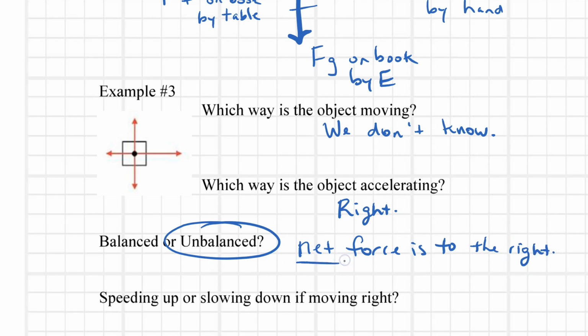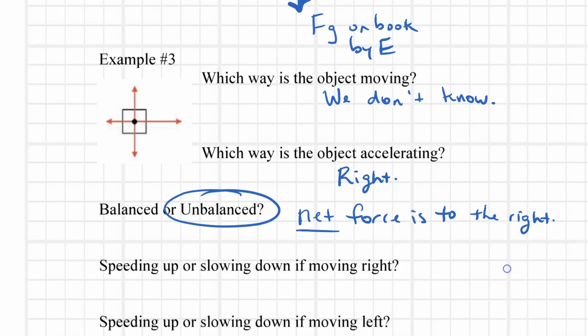The word net just means the result of adding things together. So when I add these two together, they cancel out. When I add these two together, I get a rightward force. So the net force is to the right. Speeding up or slowing down if moving to the right? Well, if it's moving to the right, then it would be speeding up.